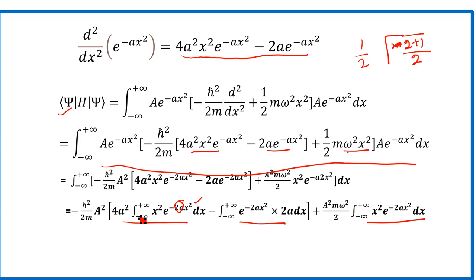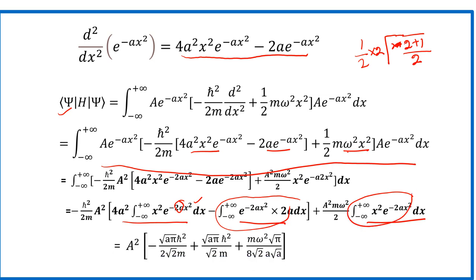And minus infinity to plus infinity is changed to 0 to infinity by multiplying by 2, and gamma(3/2) is equal to 1/2 root pi. Similarly, you can find the value of the other integrals by use of that formula. Finally, you will get this term.